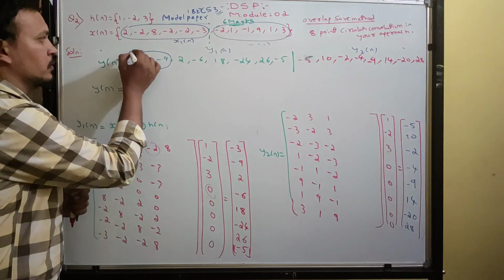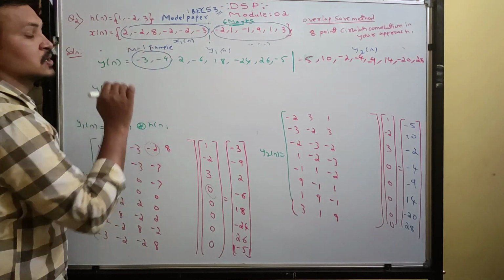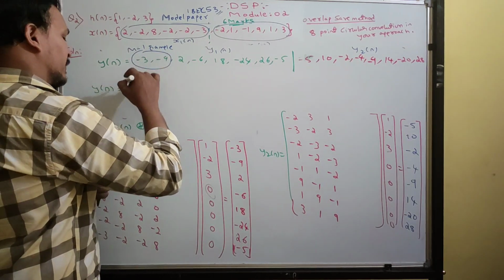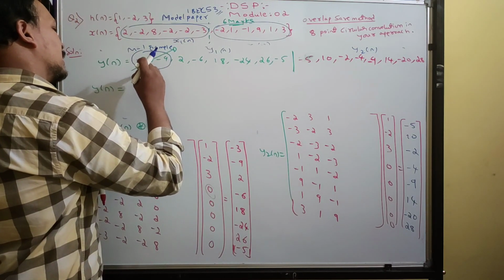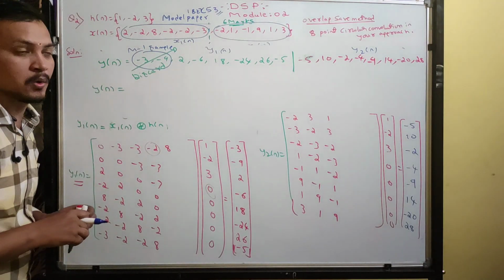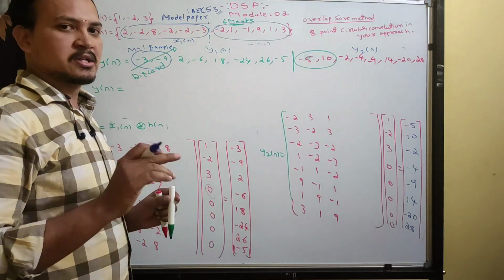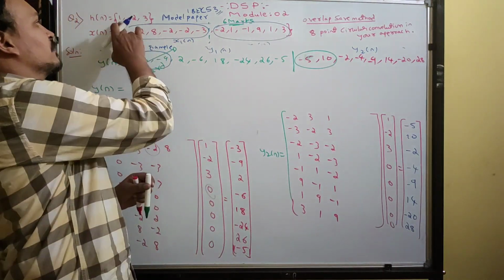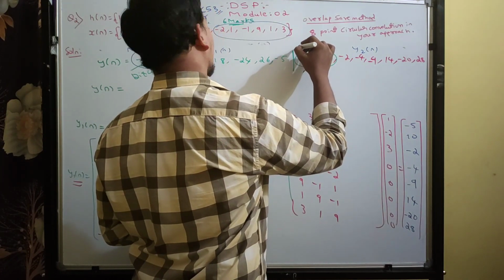In the first output, these m-1 samples you discard. Discard means delete. Delete the starting m-1 samples only. And here also you delete the first two samples, m-1 samples. What is m? 3. 3 minus 1 is 2. So I am deleting 2 samples. Okay, discard.